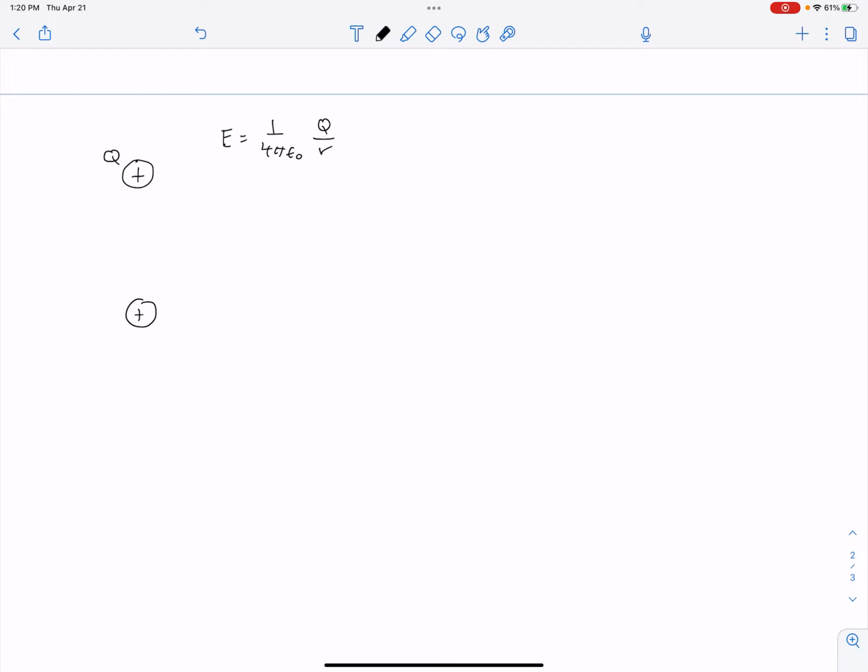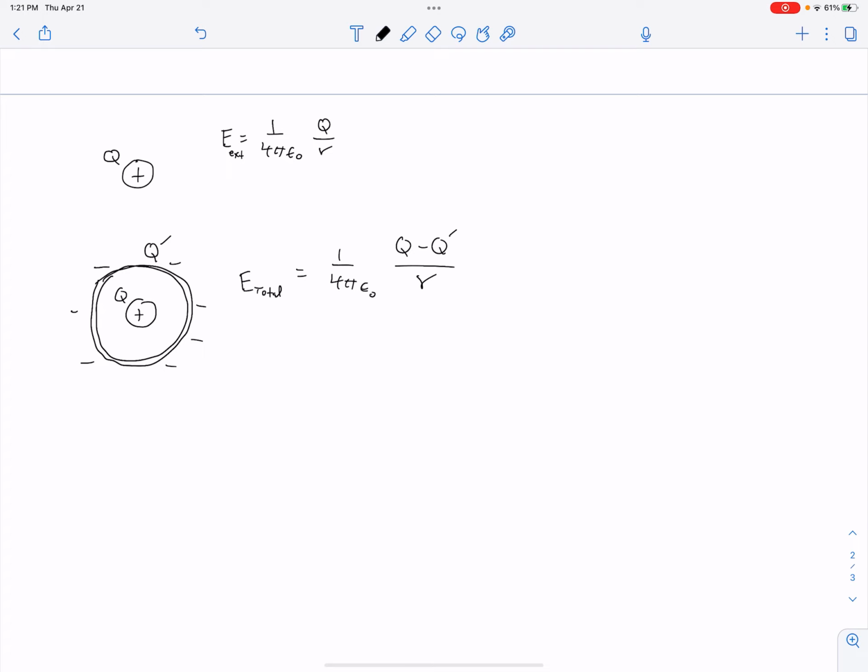But now, if I put, let's say, a spherical shell of negative charge, where that's negative charge, and inside I have Q, but out here I have, let's call that Q prime, then you know that the E, and I'll call this the external, and I'll call this the total, is equal to 1 over 4 pi epsilon naught (Q minus Q prime) over R. And so you can see that the electric field is smaller.